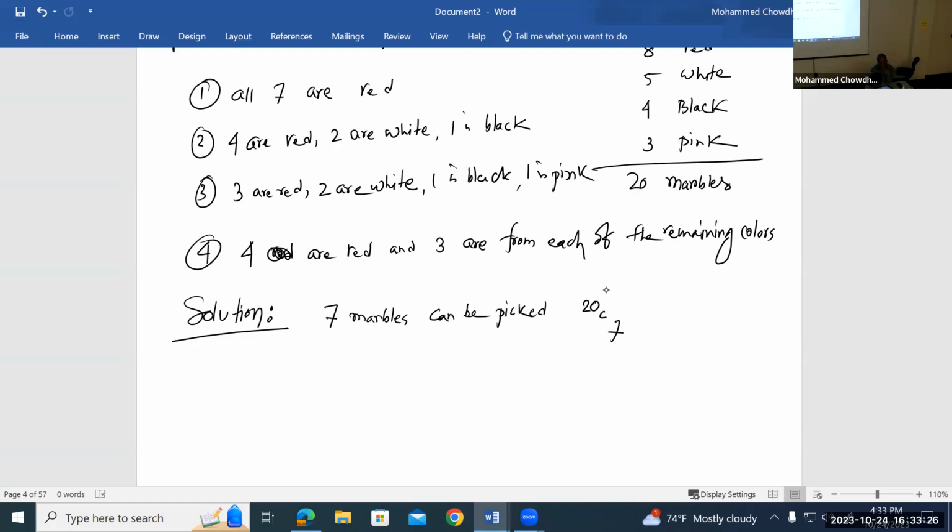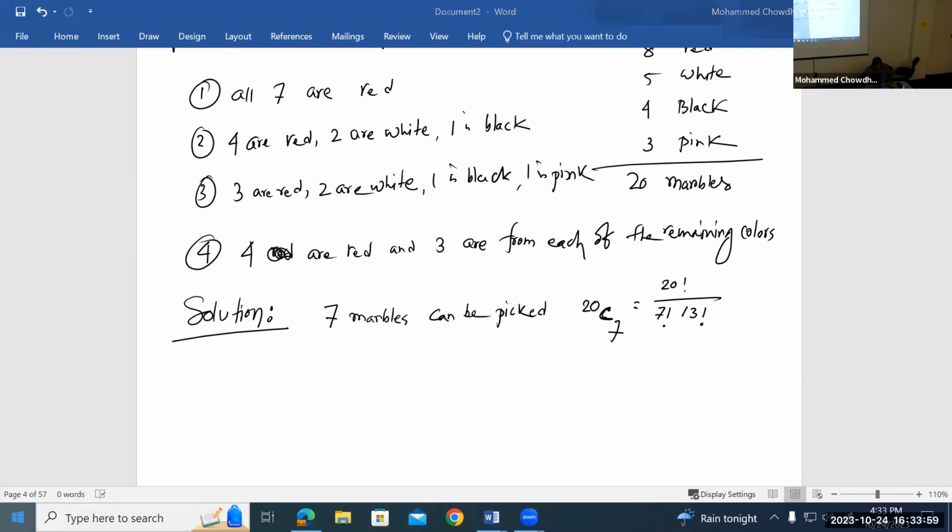Does ordering matter in here? Marbles in a box, right? The question does not imply anything, so the order doesn't matter in here. I'm just randomly picking 7 marbles, right? So 20 choose 7, which could be written as factorial 20 over factorial 7 times factorial 13, right?